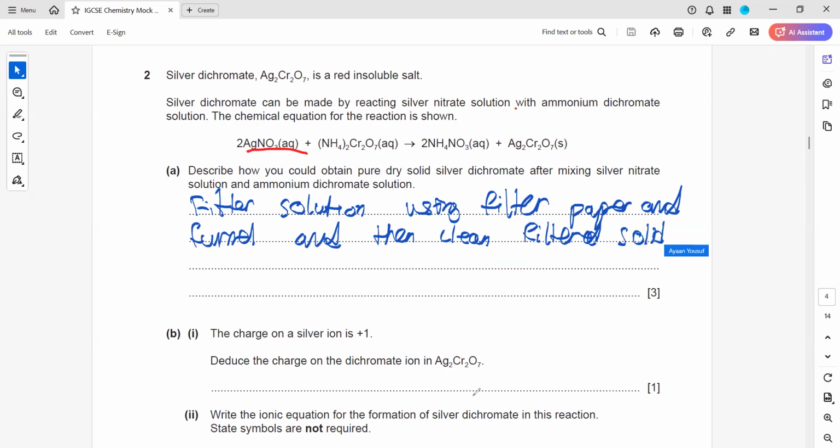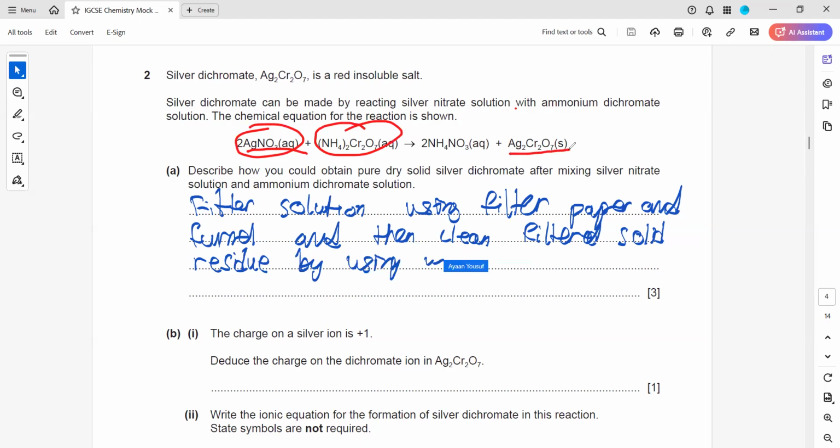So this is ionic precipitation. What we do in ionic precipitation, we mix the two solutions. So we take silver nitrate and ammonium dichromate, and when we mix them together, it will produce silver dichromate. Silver dichromate is solid at room temperature.